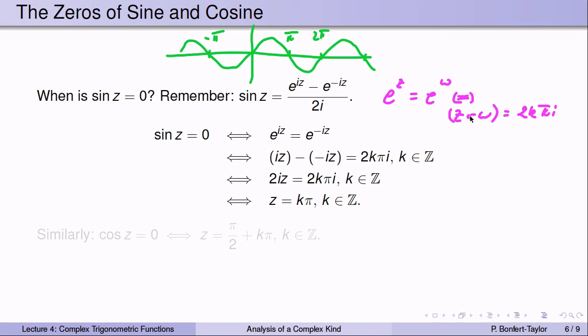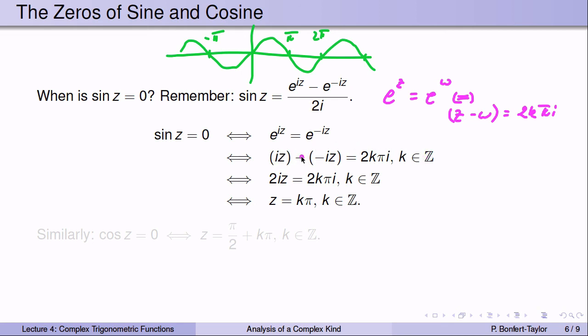We proved this in our lecture about the exponential function. So e to the iz is equal to e to the minus iz if and only if their difference, in other words, iz minus minus iz, is of the form 2k pi i for some k in the integers.